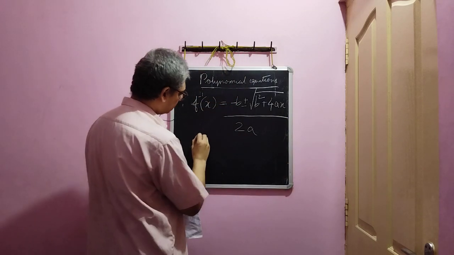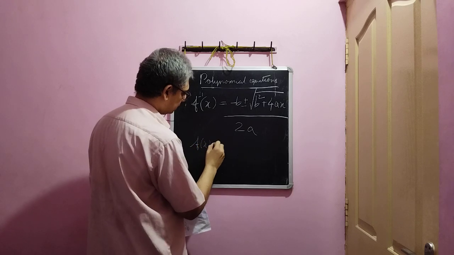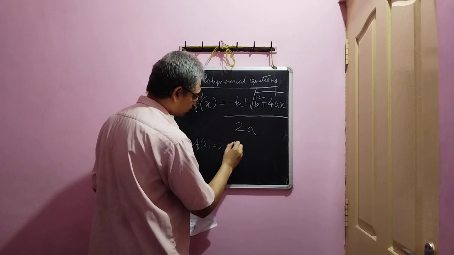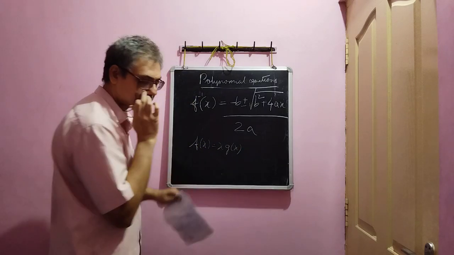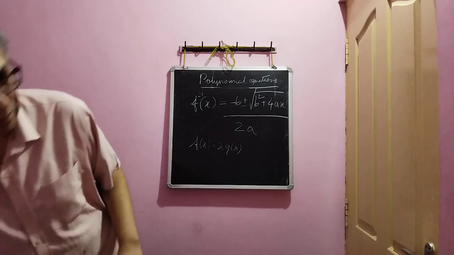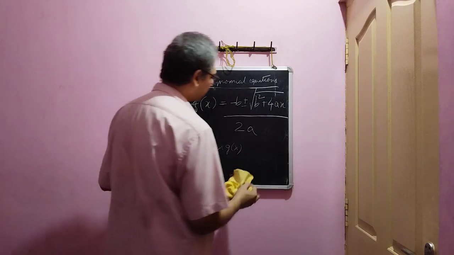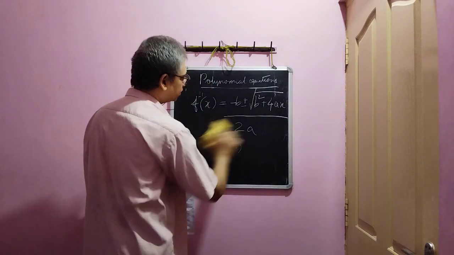We must remember that here f of x is equal to x times g of x, so we don't have a constant term there. We have to add one more constant term.